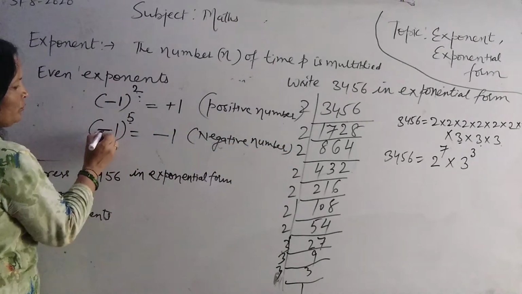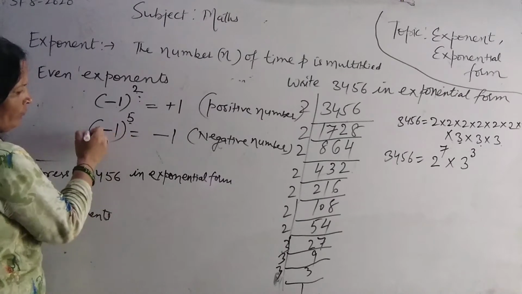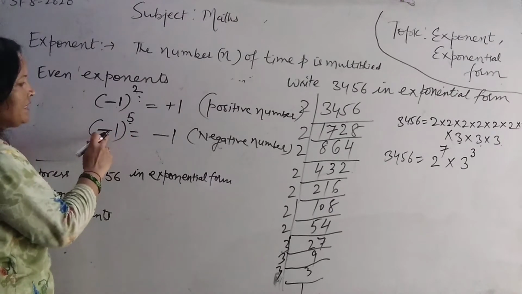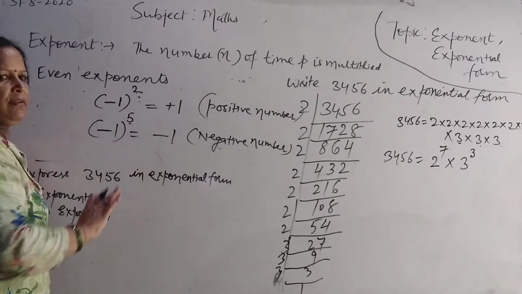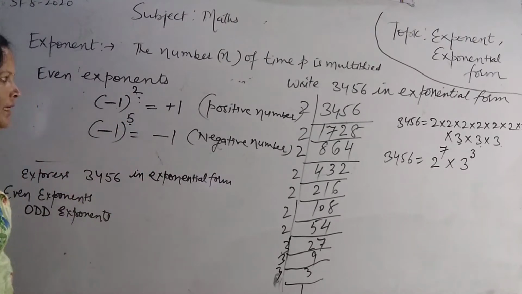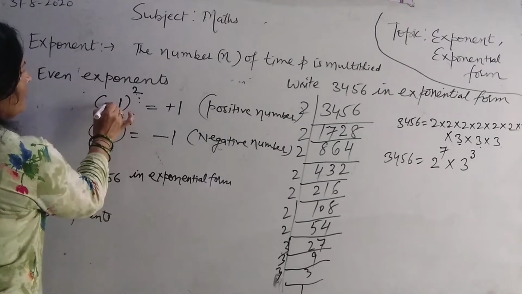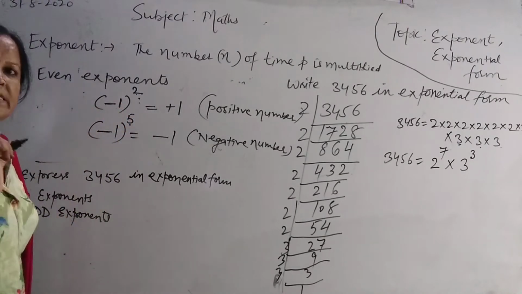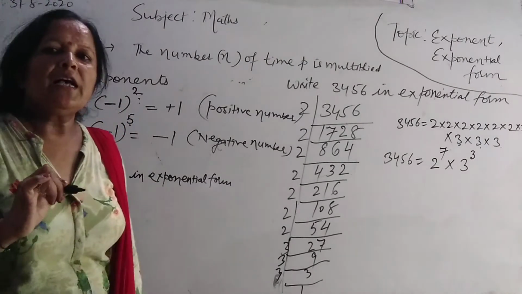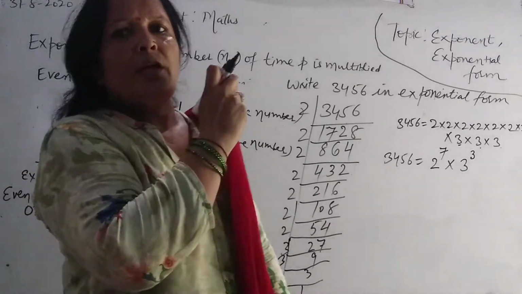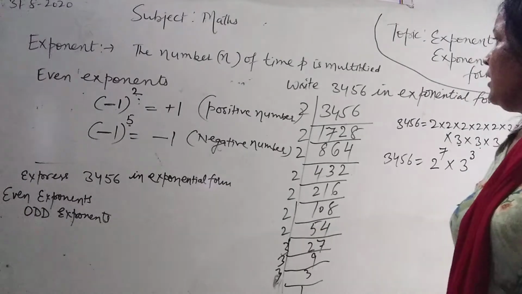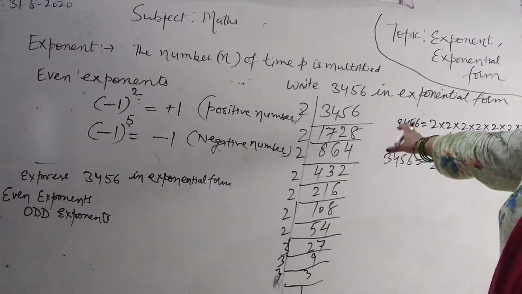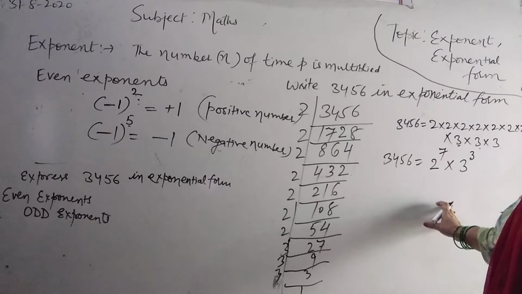As soon as you look at the number, if the base is negative and the power is odd, then the answer will be minus. When the base is negative and the power is even, the answer will be a positive number. In this way, we find how to write the numbers in exponential form.